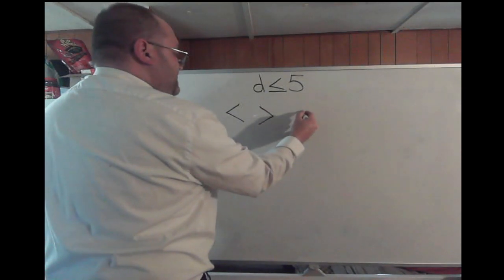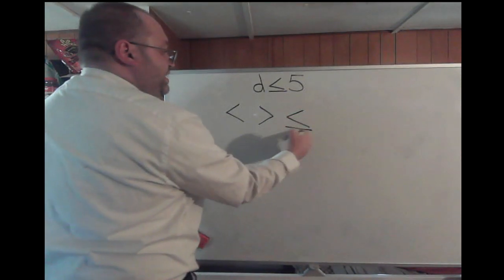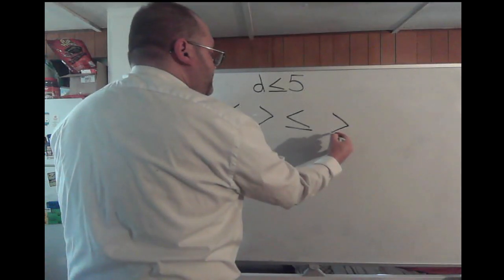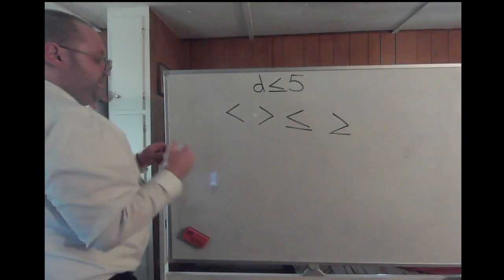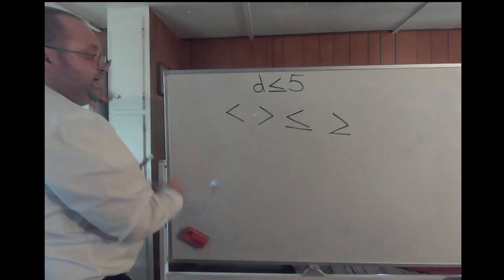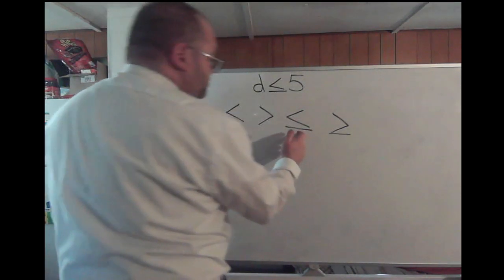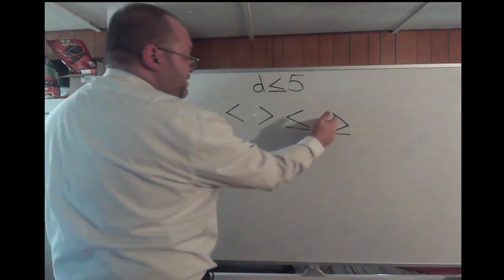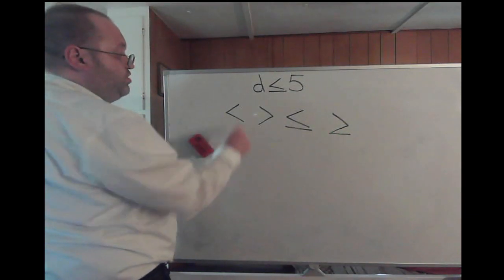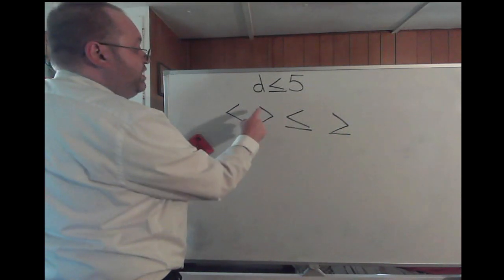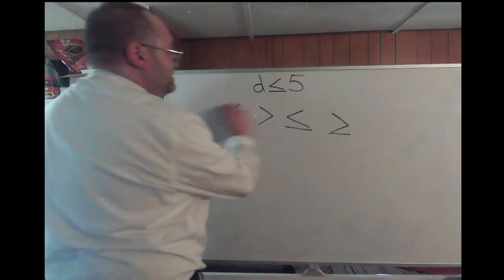But if you haven't seen the less than or equal to, or the greater than or equal to symbols yet, those also come into play in inequalities. The less than or equal to includes the point, and greater than or equal to includes the point, where just less than does not include the point, and greater than does not include the point.